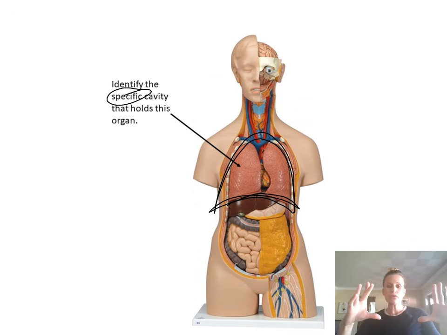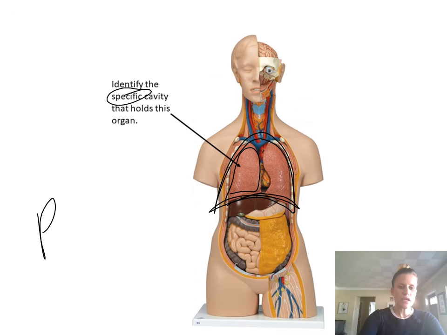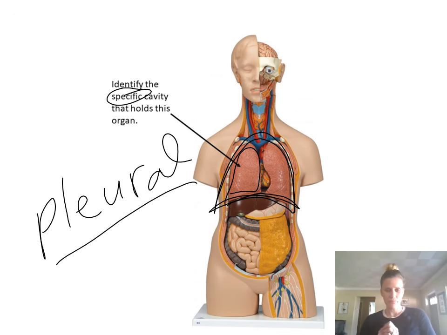But within the thoracic cavity, there are multiple smaller cavities. The cavity that specifically holds the lungs is the pleural cavity. Pleura refers to lungs. So the pleural cavity. If you wanted to be super specific, I guess you could say right pleural cavity, but you don't have to do that right now. You can just say pleural cavity.